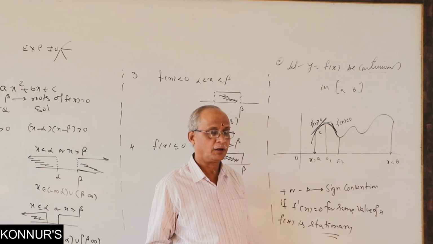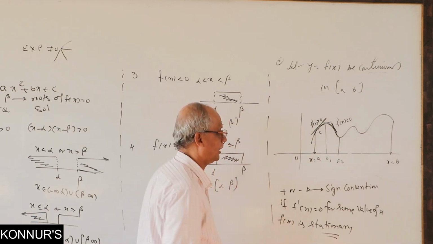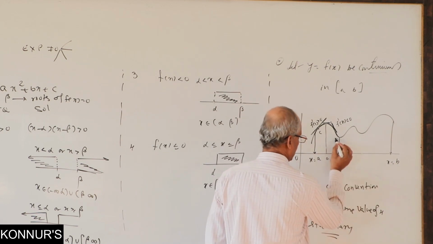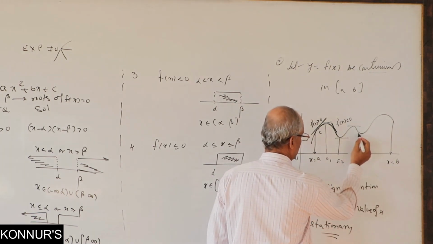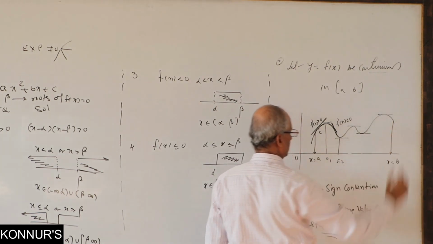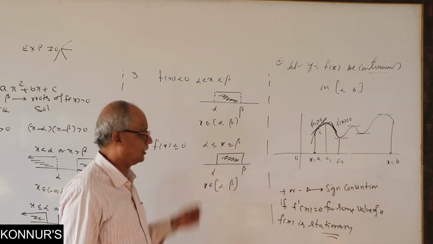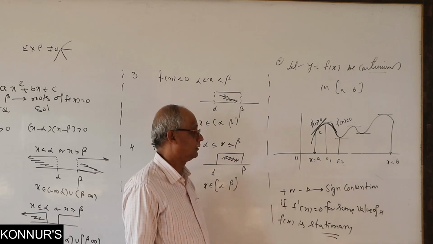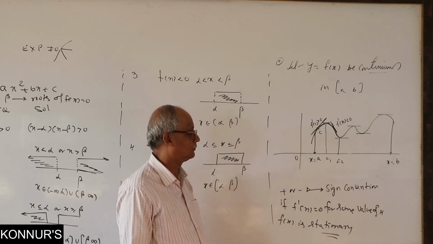Like that, there can be any number of stationary points, or any number of tangents parallel to the x-axis in this diagram. How many possible did I give? A2, A3, A4, A5. Five points are there where tangents are parallel. Stationary points, these are all.